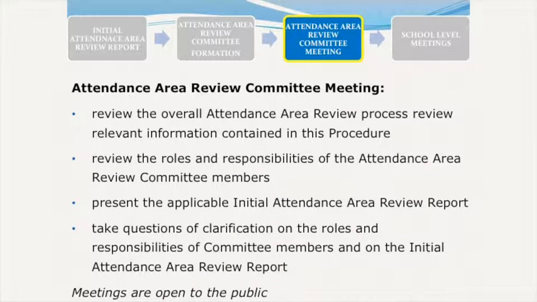At the attendance area review committee meeting, we'll review the overall attendance area review process, review relevant information, review the roles and responsibilities of the committee, present the applicable report to them, and take questions and clarifications on the roles and responsibilities of the members and any questions on the initial report. And this meeting will also be open to the public.